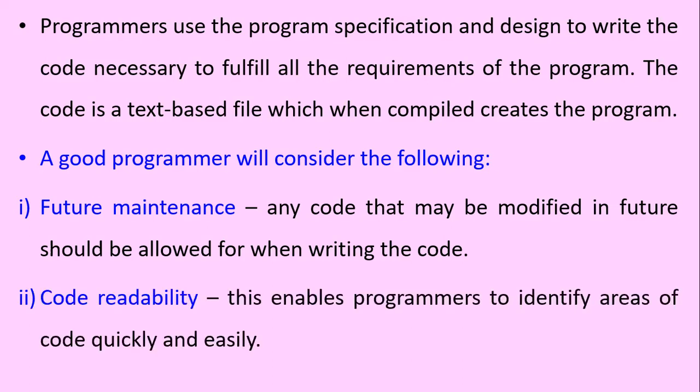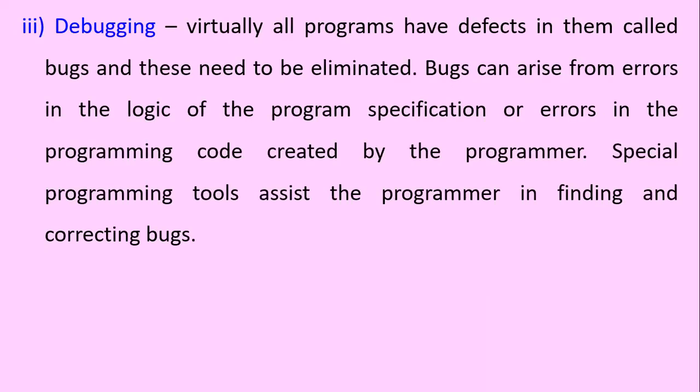Number two is code readability. This enables programmers to identify areas of code quickly and easily, regardless of the length of the code or the number of pages that the code takes. Number three is debugging.